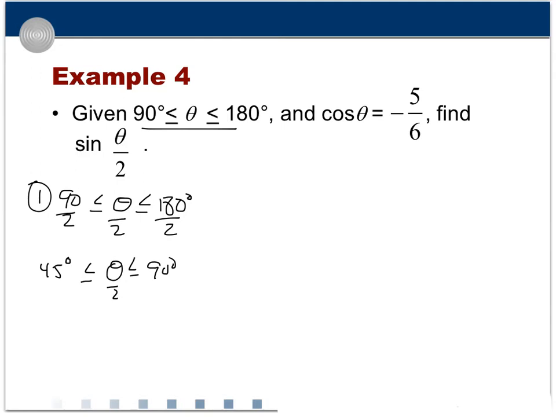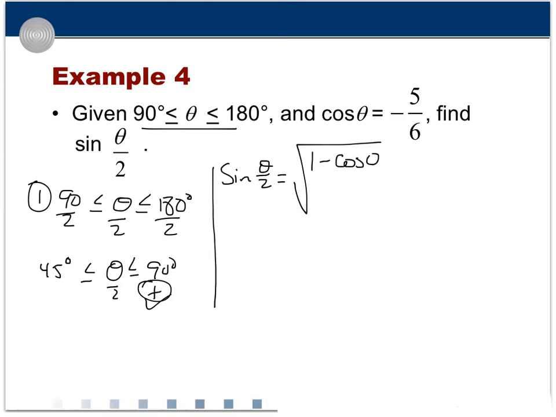So I'm positive, first quadrant, they're all positive. So now I'm dealing with sine of theta over 2. When I create my formula, I make sure I don't have a negative in front of it. And when we're dealing with sine, it's the square root of 1 minus cosine of theta all over 2.